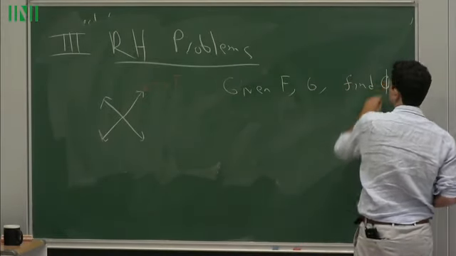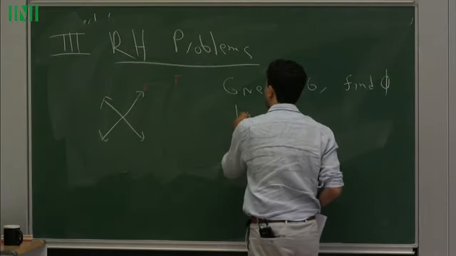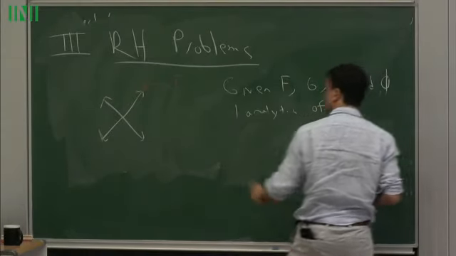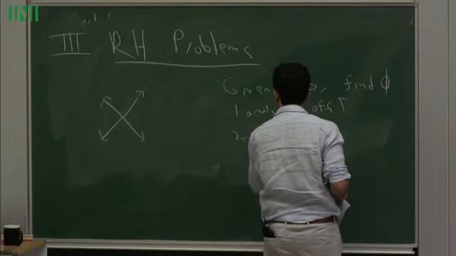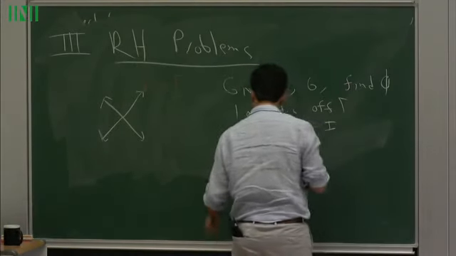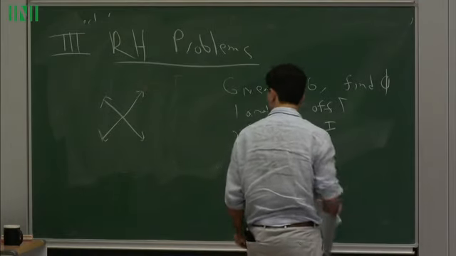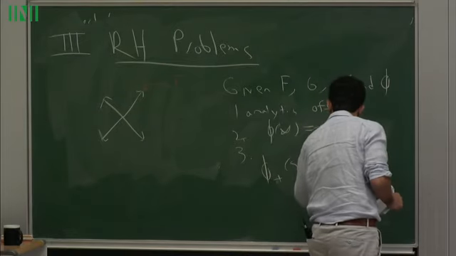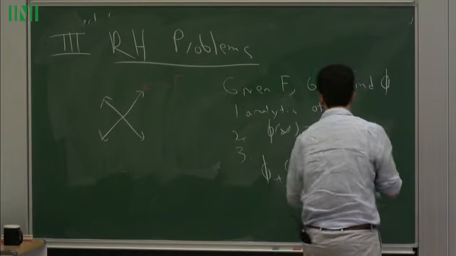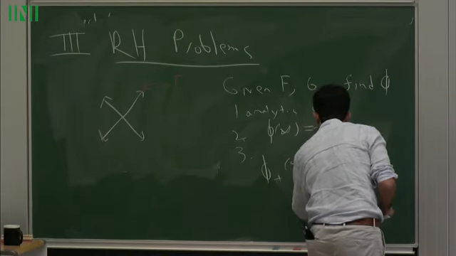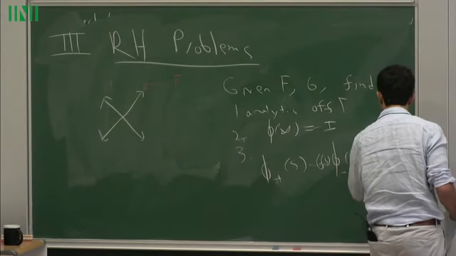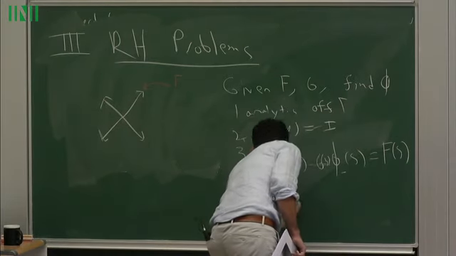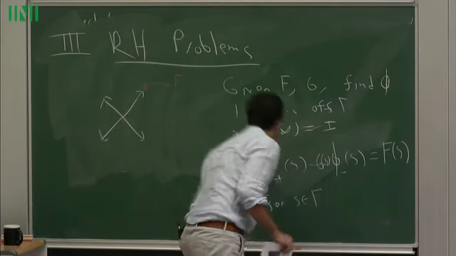Find phi that is 1, analytic off gamma, 2, phi of infinity is equal to identity, and then 3, satisfy the jump condition, phi plus of s minus phi minus of s, minus g of s, is equal to f of s for s in gamma. Okay.